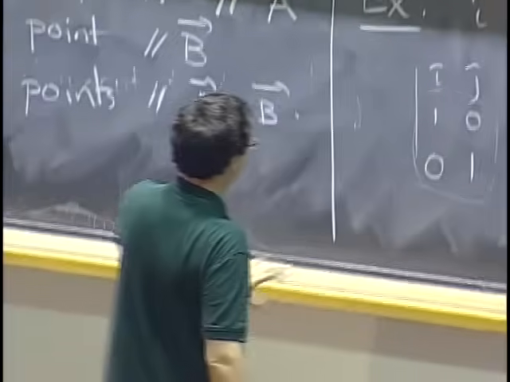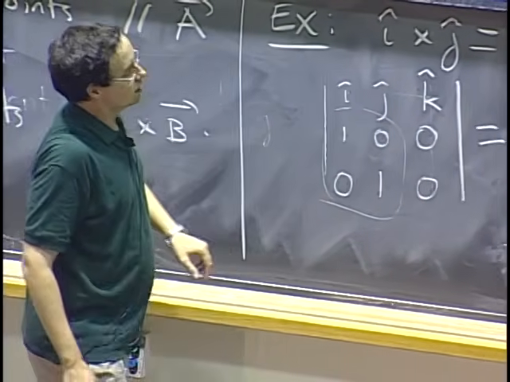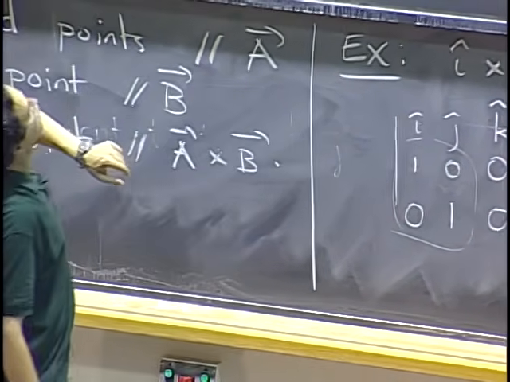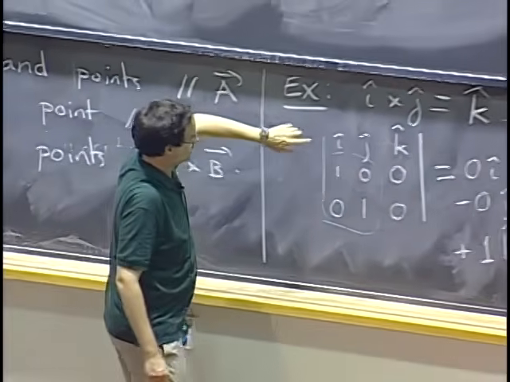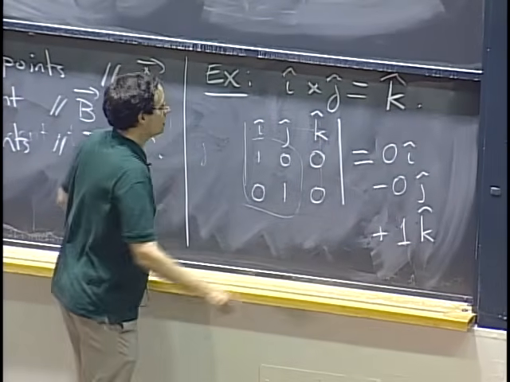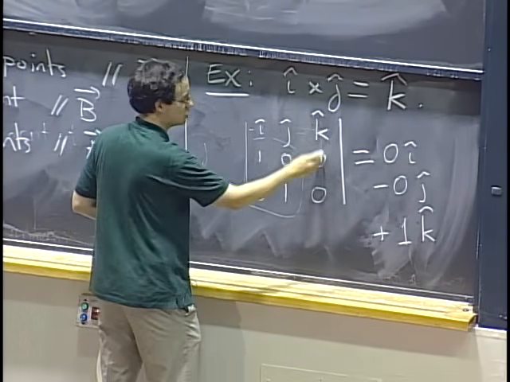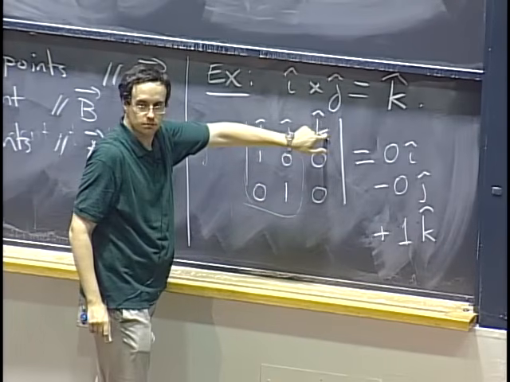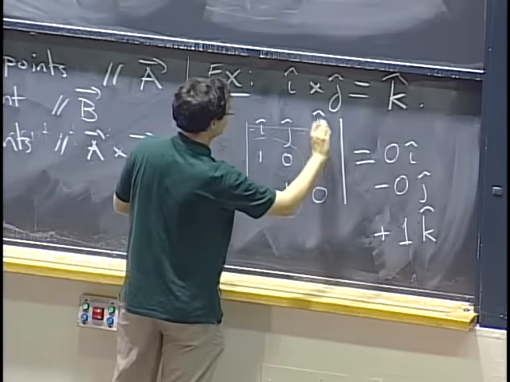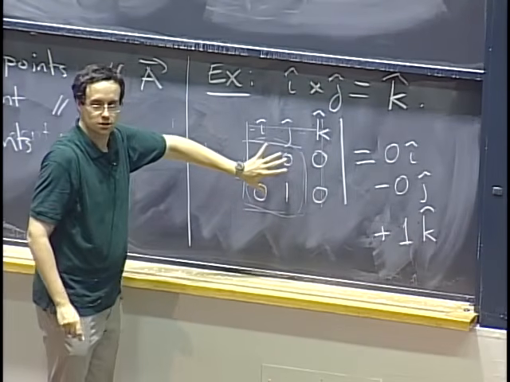Yes, let me repeat how I got the 1 in front of K. So remember the definition of a determinant. I expand according to the entries in the first row. When I get to K, what I do is I delete the first row, and I delete the last column, the column that contains K. Okay? So I delete these guys and these guys. I'm left with this 2 by 2 determinant.